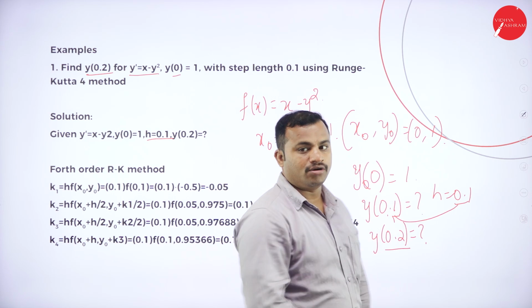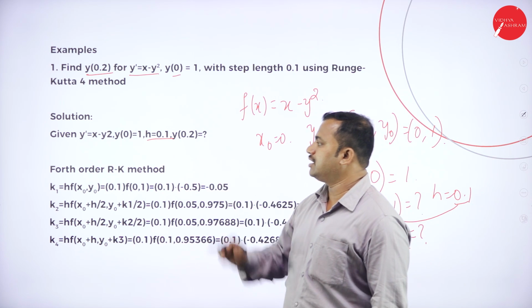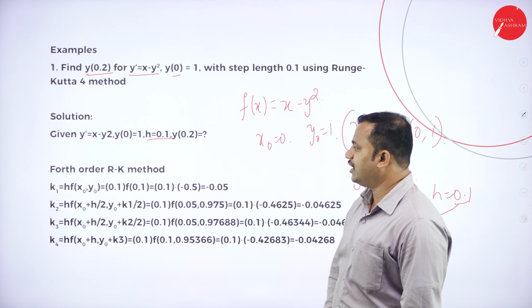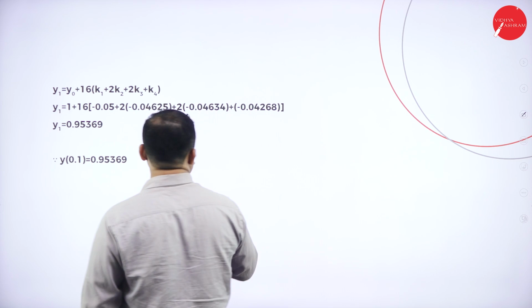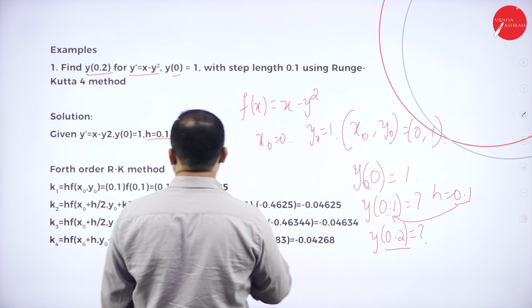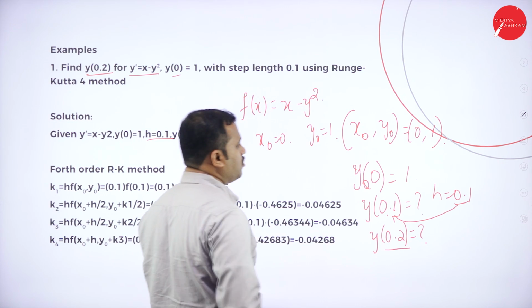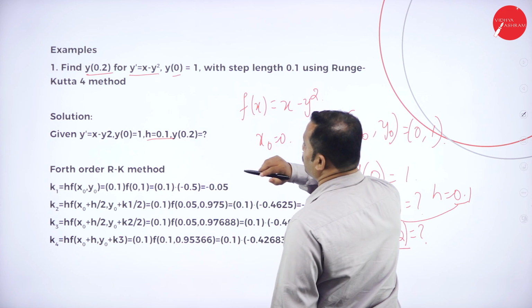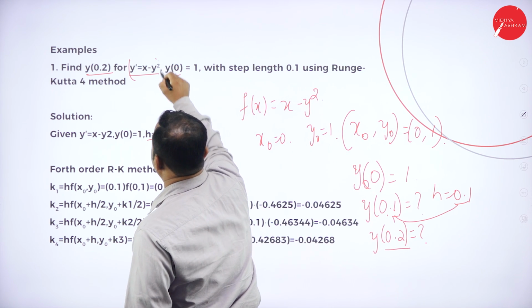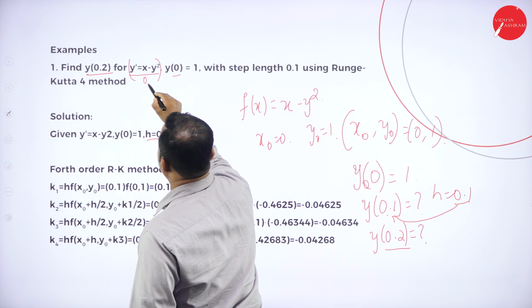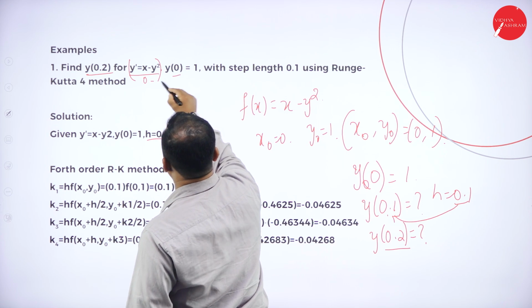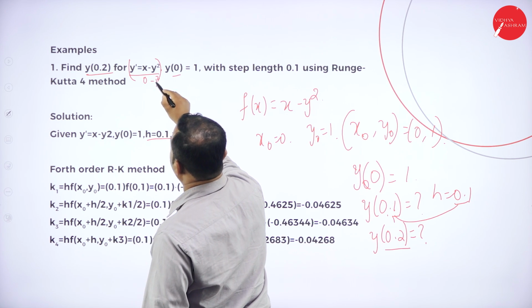In order to find that, let me explain the Runge Kutta fourth order method. Let me take k1, which is equal to h into f of x0, y0. What is x0, y0 in this case? It is x equal to 0 minus y square, where y is 1, and 1 square means 1.